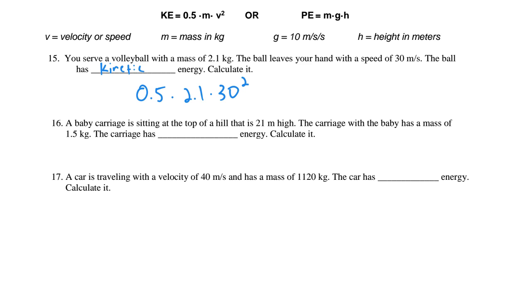Kilograms and meters per second is perfect. Now we're just going to plug this into our calculators: 0.5 times 2.1 times 30 squared. We got 945. And the unit for energy is joules.